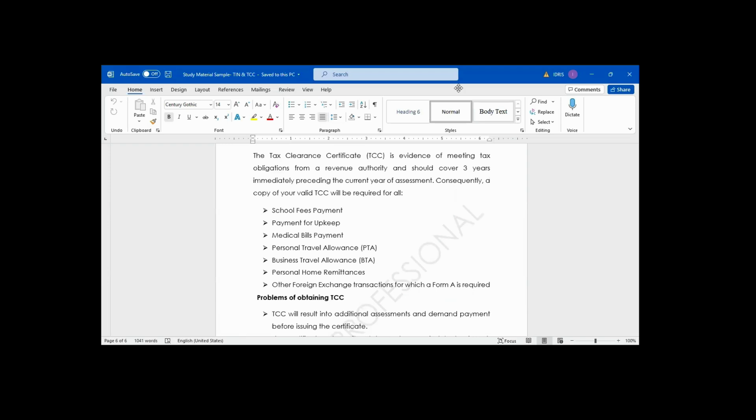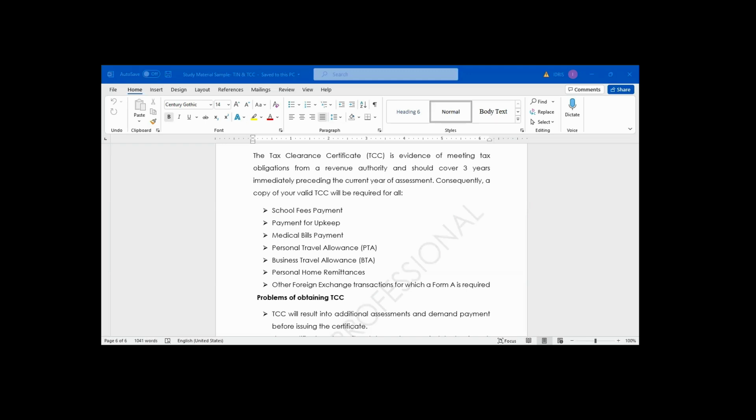So we are done with tax identification number and tax clearance certificate.